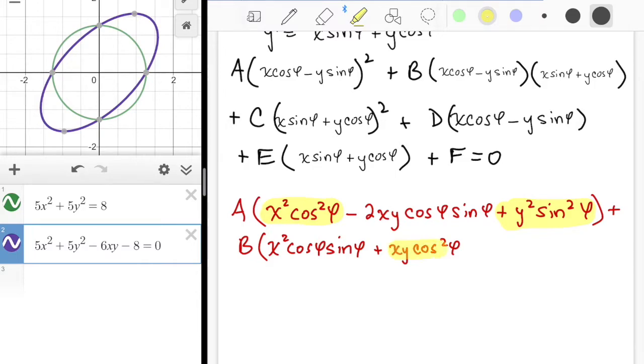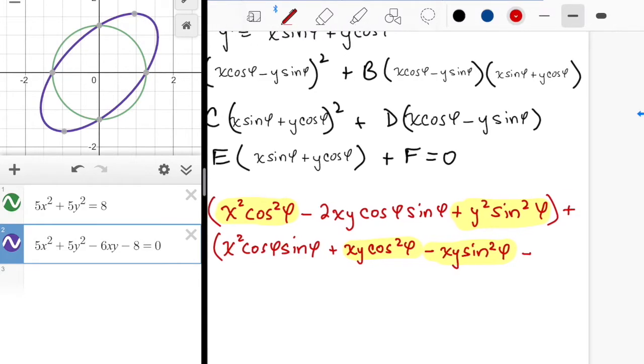You see, now it's got a coefficient of b, but I have another term that's got a power of 2 for cosine in it. All right, so that's going to be helpful. The inners, minus xy sine squared phi. Another power of 2 associated with a trig function. Just going to keep that stuff in mind.